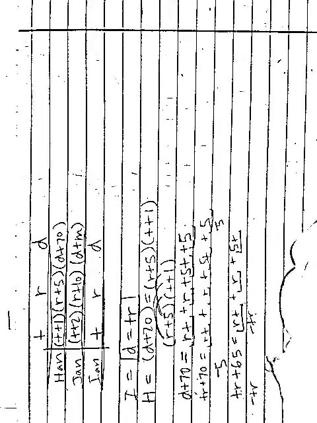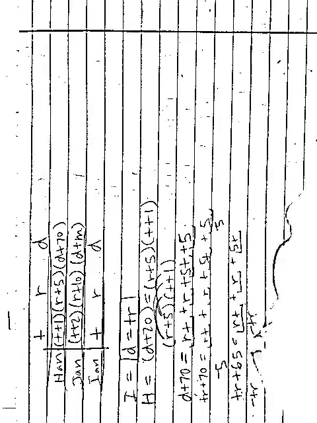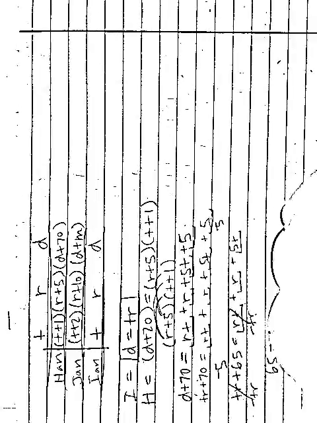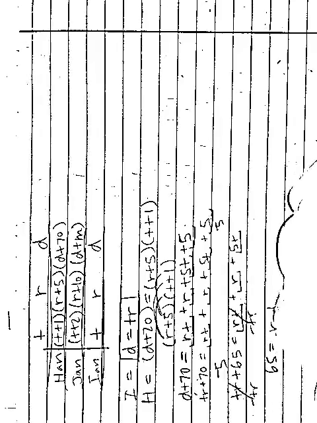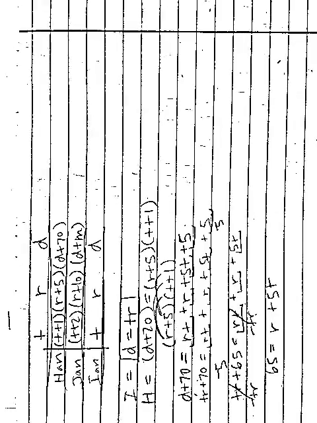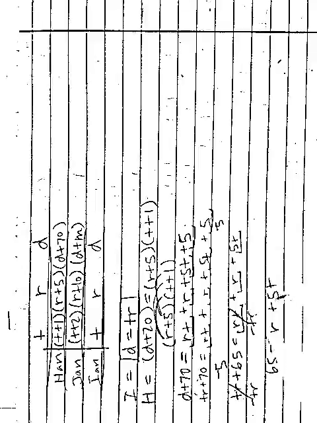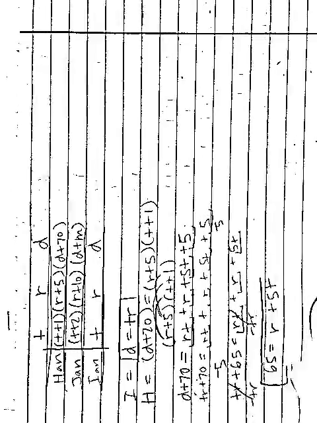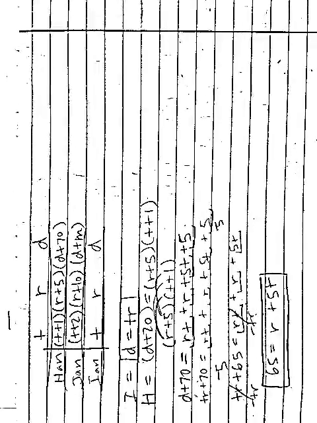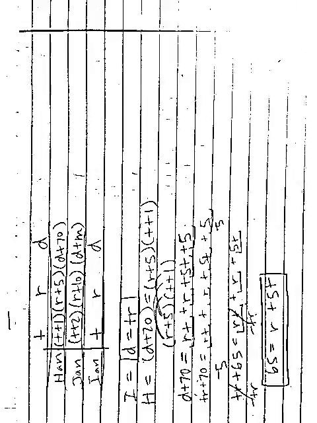Then I would get 65 equals, cancel out, R plus 5T. And this is Han. Since I can't simplify that anymore, I'm just going to leave it like that.